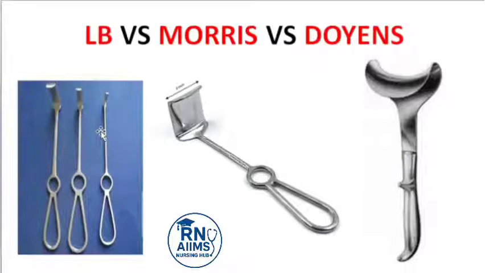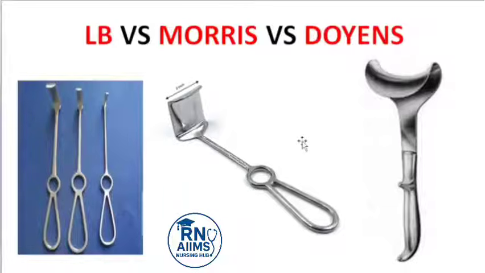L retractor has a long flat handle with a right-angled narrow blade. It retracts skin, soft tissue and superficial muscle layers, and provides exposure in superficial to moderately deep wounds. Morris retractor, a large-handled retractor with a right-angled broad and strong blade.